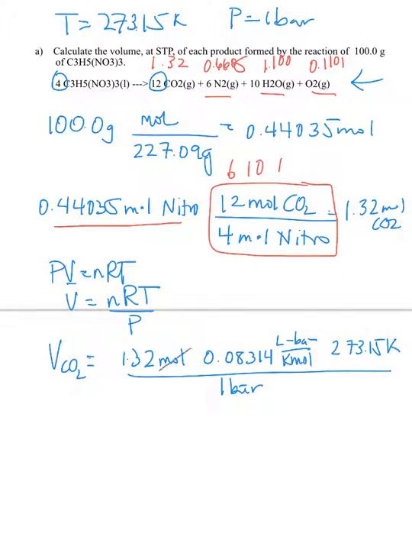So now if you look at the units, moles cancel, Kelvin cancels, bar cancels, leaving us with units of liters, which is what we'd expect for volume. And if I do the calculation here, I get 29.98 liters of CO2.